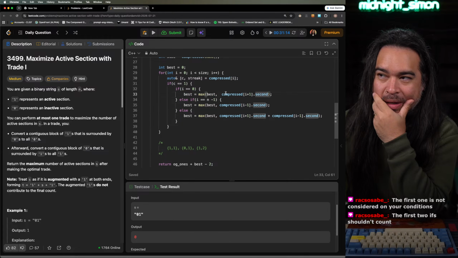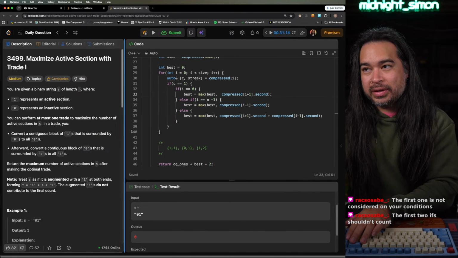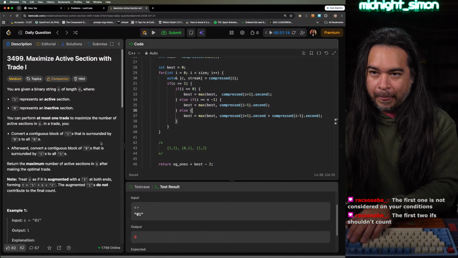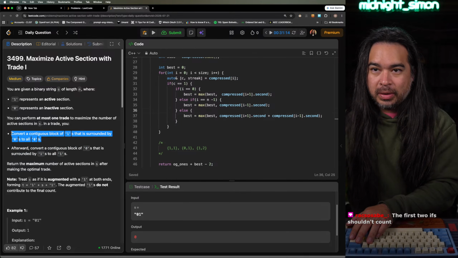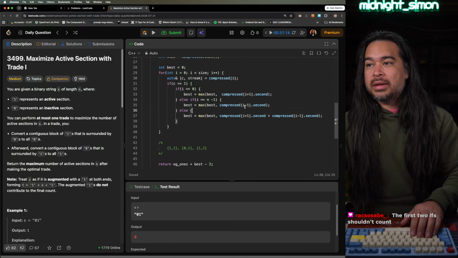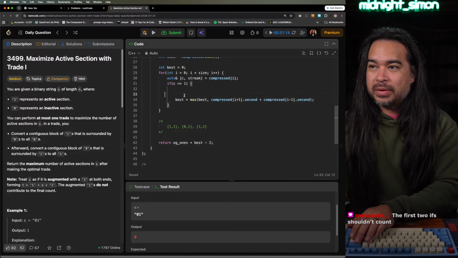So those two ends don't count with the block of 1s that you can convert. Dang. But the 0 thing is still for real. So maybe, alright, so we convert the 1s first. So I'm trying to find the biggest groups of 1s surrounded by 0s.